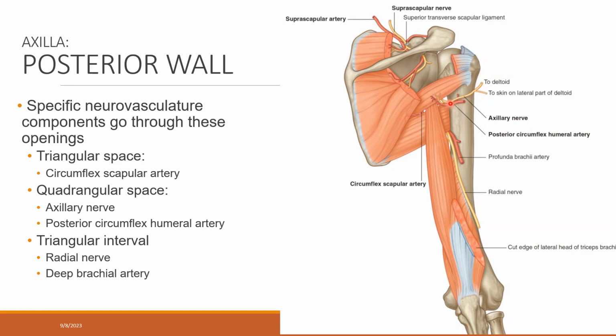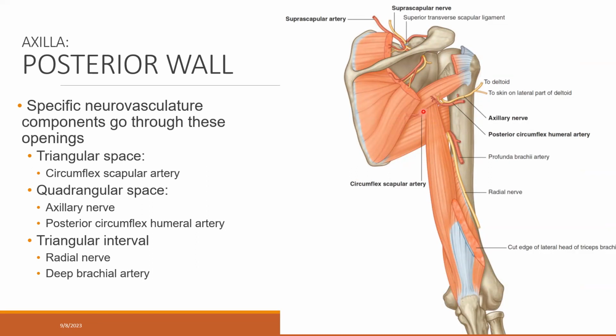And how do you know that? Because after going through this quadrangular space, these two components are going to circle the surgical neck of the humerus like this. And if they circle the surgical neck of the humerus, they cannot be down here, and they cannot be here either.